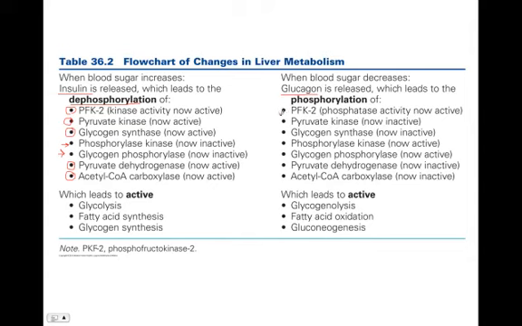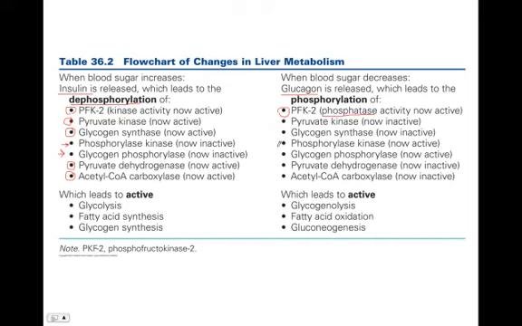It phosphorylates PFK2, which activates the phosphatase activity. The phosphatase activity is also termed the enzyme fructose 2,6-bisphosphatase. Remember, this is our bifunctional enzyme that's referred to as PFK2 or fructose 2,6-bisphosphatase.